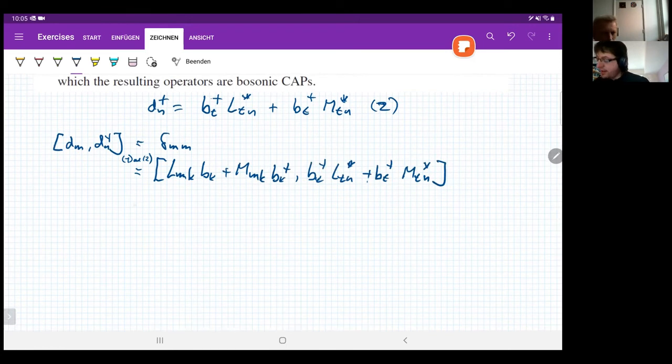And what we now have to do is we have to multiply these out, and we get 4 terms, L_MK, B_K.